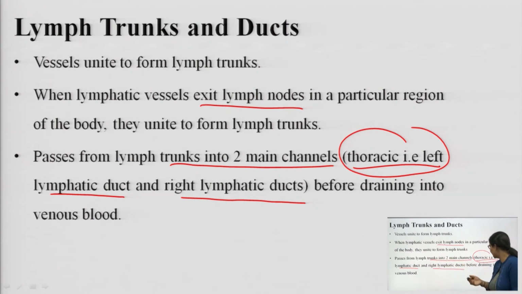Before draining the lymph into the venous system, the collected lymph is drained into the lymphatic duct or lymphatic trunk, a junction where vessels exiting from the lymph node unite and pour the lymph into the duct. So we can divide the lymphatic trunk into two parts, right and left, and the left part is called the thoracic lymphatic duct or thoracic lymphatic trunk.